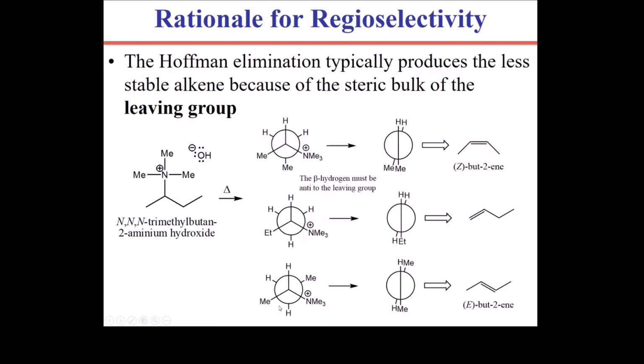So here's the Newman projection to get the cis-2-butene, and here's the Newman projection to get the trans-2-butene. If we look at what's going on here, this large bulky group has one unfavorable gauche interaction right here with a methyl group. On the other side, the gauche is a hydrogen. Going back up to the cis-2-butene, that large bulky group has a gauche interaction here that's unfavorable, and this methyl group here also has a gauche interaction that's unfavorable.